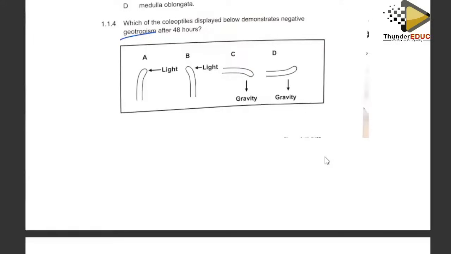When a shoot or a root bends towards the source of the stimulus, for example gravity or light or water or pressure, we call it positive. So since it is bending towards gravity, it is positively geotropic. If we rephrase it to bring the proper meaning, it is positively geotropic.